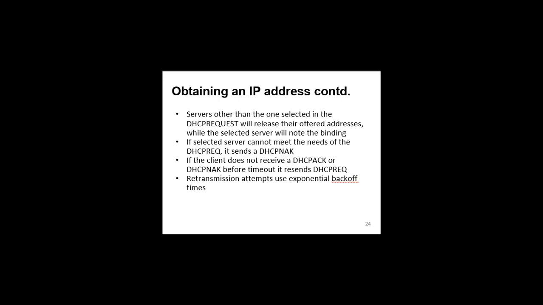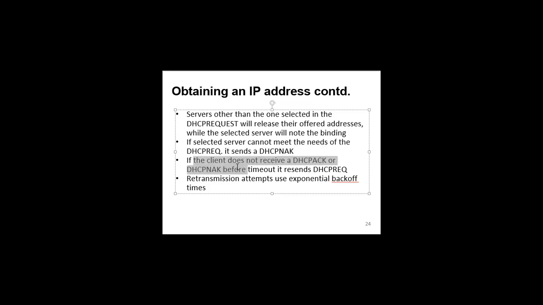Servers other than the one that is selected in the DHCP request will immediately release their offered addresses, while the selected server will note the binding. The server will note down the binding for future use. If the selected server cannot meet the needs of the DHCP request, the server will send back a DHCP NAK, a not acknowledgement.